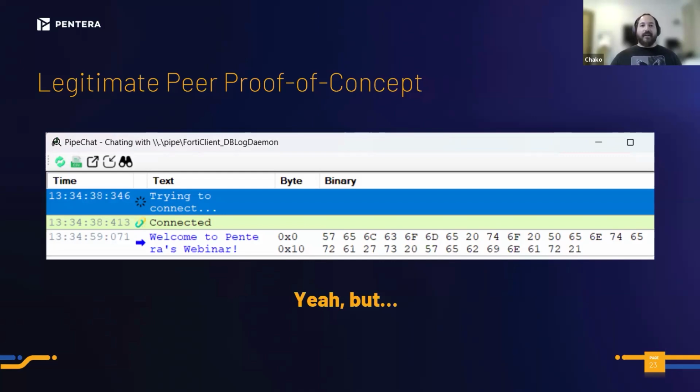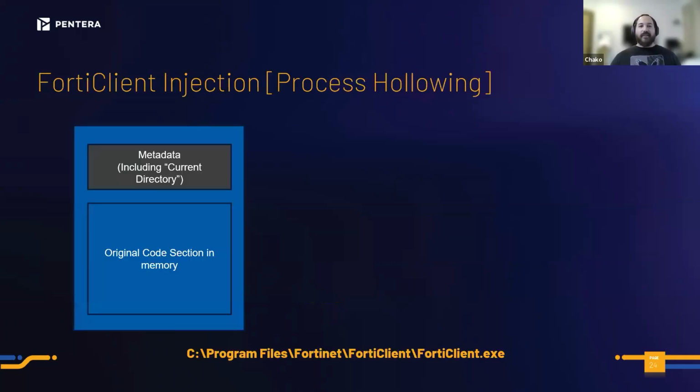So the first thing that came to mind was that the context in which FortiClient is executed is the same as the one of the user, which means that if I'm a low privileged user running FortiClient, FortiClient runs inside my context. It means that I have control over this process.